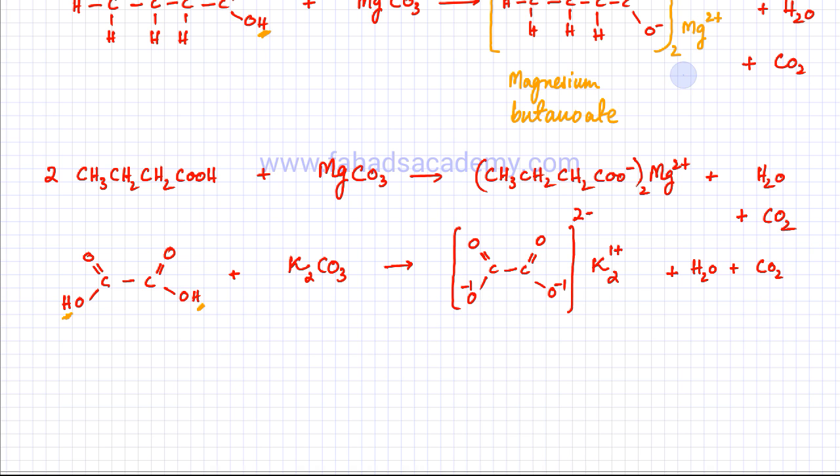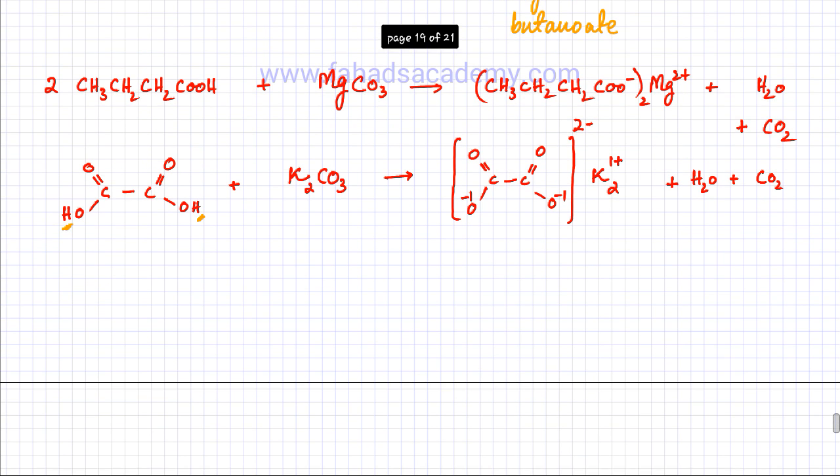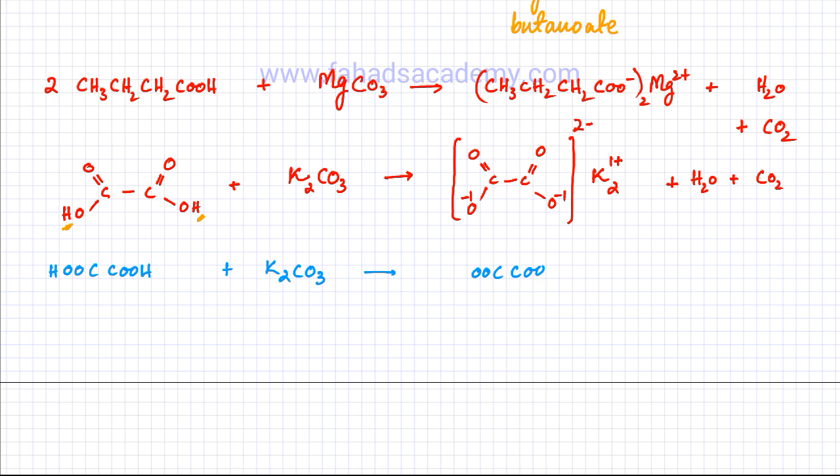The other way to write this equation would be its compressed notation. If I write the compressed notation, it's going to be COOH, and there's going to be COOH on the other side, and then you have K2CO3, and the product that would be formed in this case is going to be COO- and COO-.